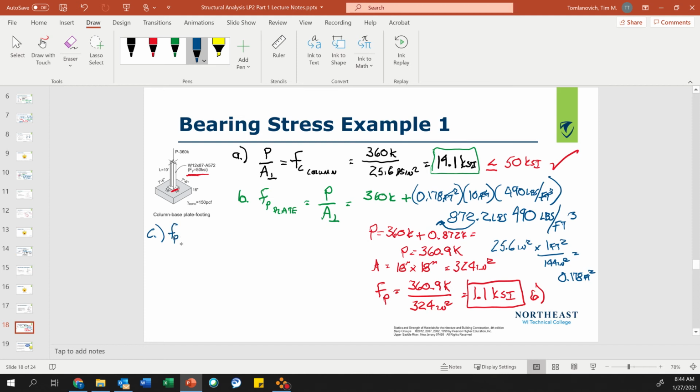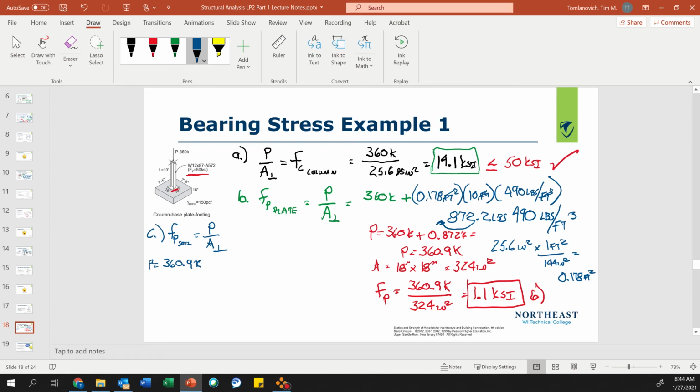F_P soil equals P divided by area perpendicular. Okay, P equals, so we know the weight of the load on top of the column plus the load of the column is 360.9 kips. We determined that from problem B, 360.9 kips.